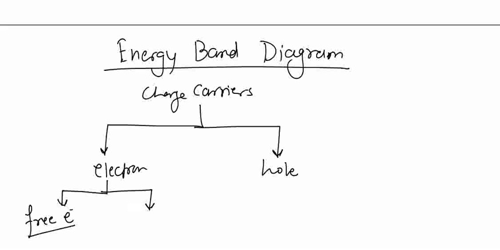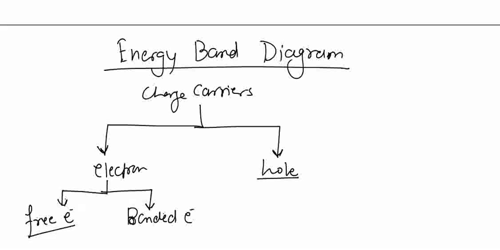And another type is bonded electron. Bonded electron means which are in covalent bonds, or in case of metal, in metallic bond. Bonded electrons cannot move even if we have applied supply across the material. And another type of charge carrier is hole.